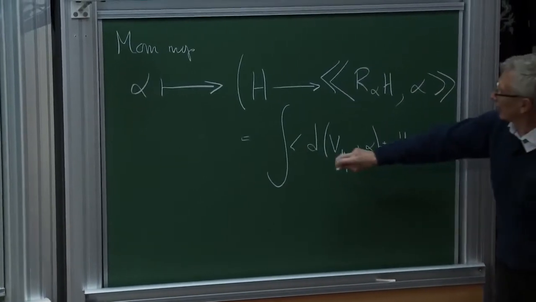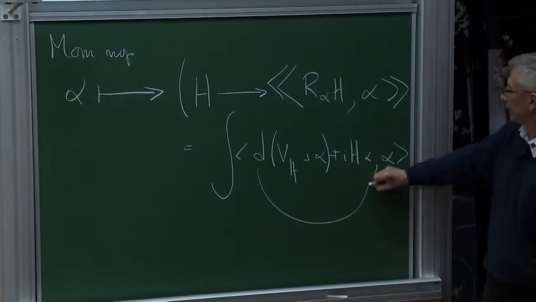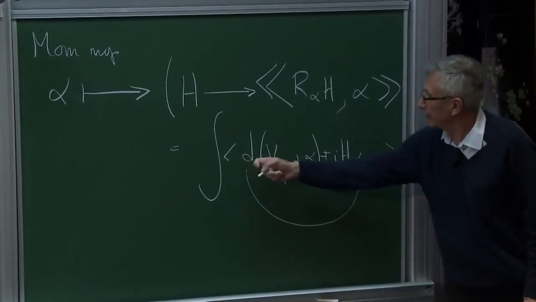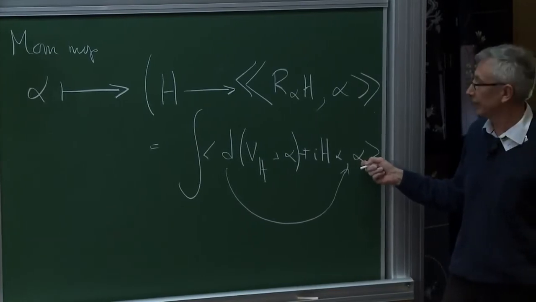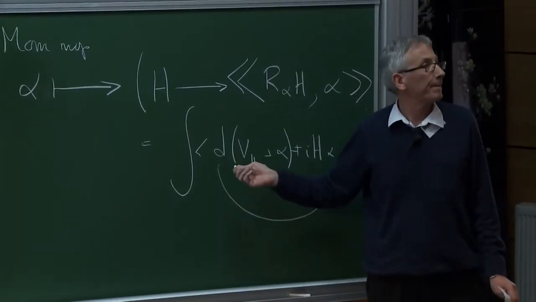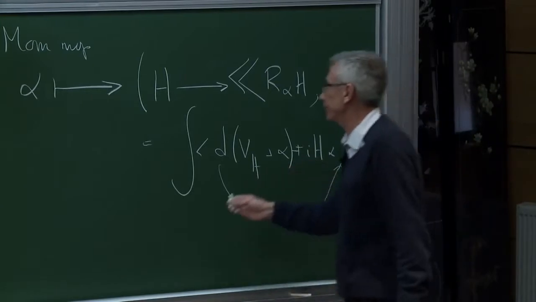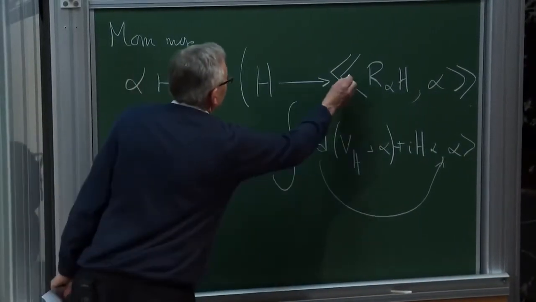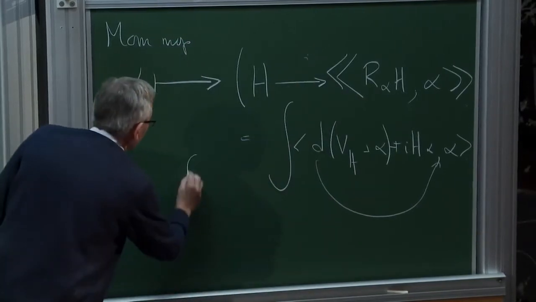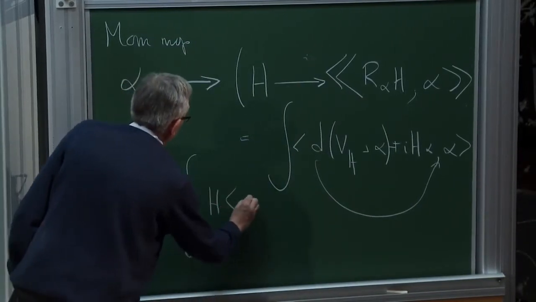But now we can integrate by parts to write the term involving this exterior derivative in terms of this, but because d alpha is 0, that goes out as well. So in the end, we just get the very simple thing, the factor of i, which somehow should have been taken away. So in the end, we just get H alpha alpha.